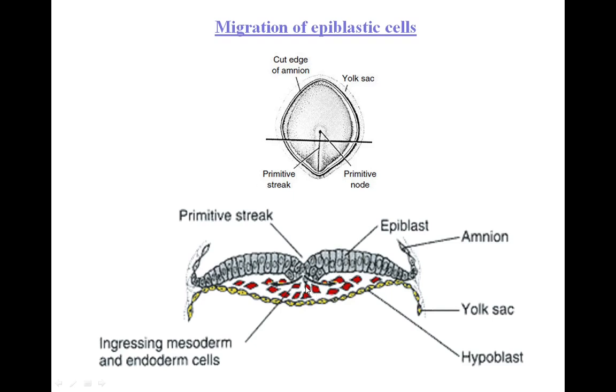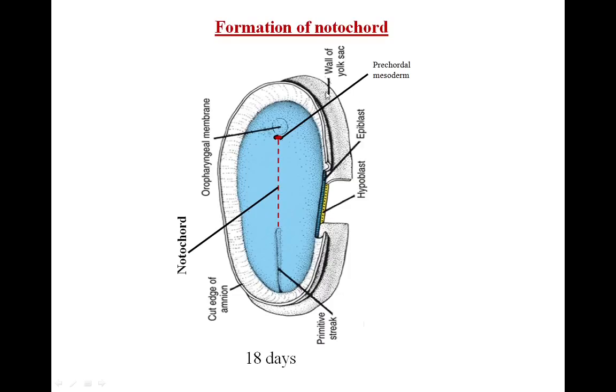Now this is the circular disc. Later on it becomes elongated, and it becomes wide in the front, in the cranial part, and remains narrow in the caudal part, so it is more or less slipper shaped.